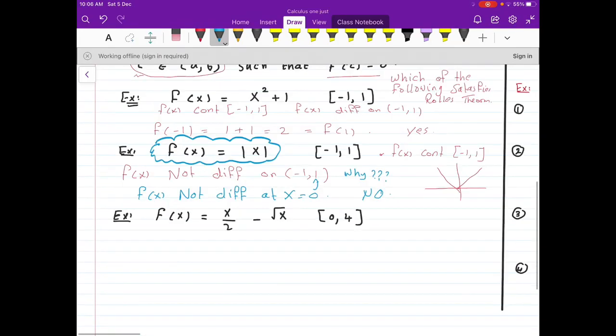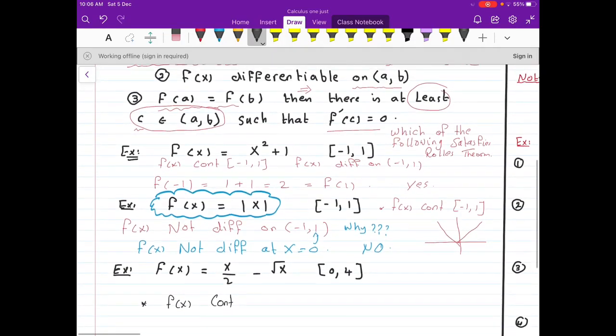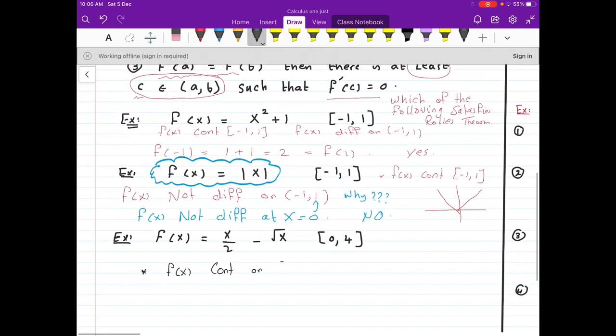Now f x equal x over 2 minus the square root of x, هل هذا الفانكشن يحقق الرولز theorem or not? The first condition obvious, f x continuous on the closed interval 0 for y. هذا الفانكشن continuous على الدومين إله r وهذا الدومين السكوير root of x from 0 to infinity.